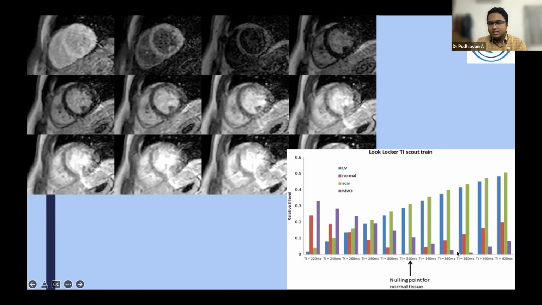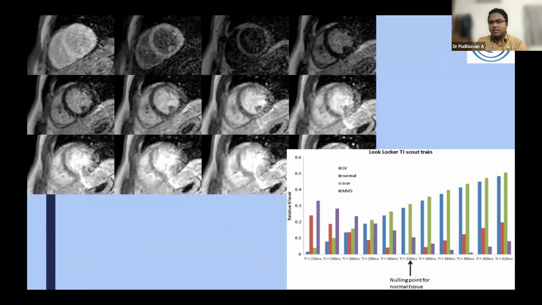As you can see in this chart, with increasing TI times, the signal intensity of the normal myocardium and the scar also changes. There is a point at which the signal from the normal myocardium is almost zero, resulting in a black signal from that part of the myocardium. You select this particular TI time as the inversion time for this particular patient.